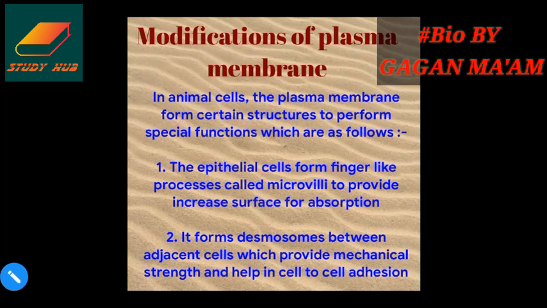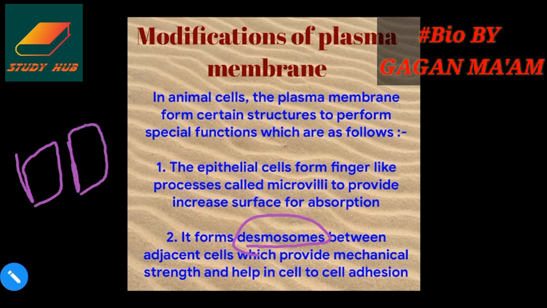It forms desmosomes. Now what are these desmosomes? Actually, assume these are two adjacent cells, connected with intercellular junctions. These are termed as desmosomes that will provide strong adhesion between the cells.